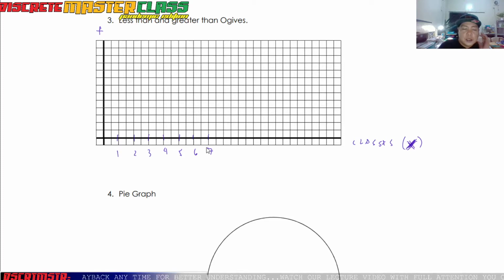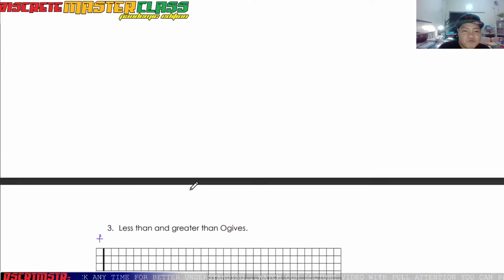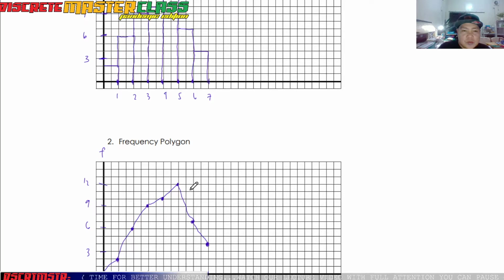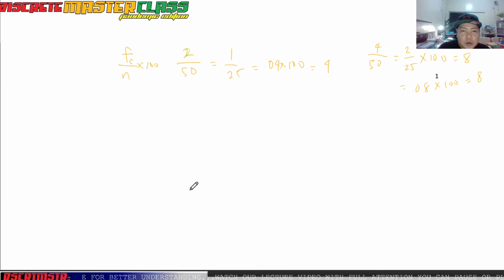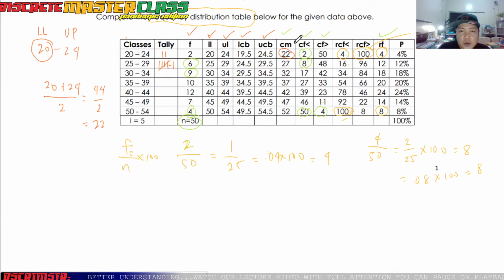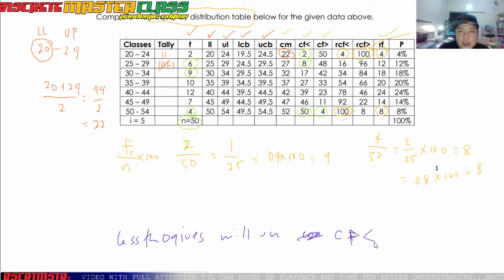Okay, ngayon, tignan mo yung cumulative frequency less than. Ito yung cumulative frequency less than. Ang less than ogives will use cumulative frequency less than. Okay?